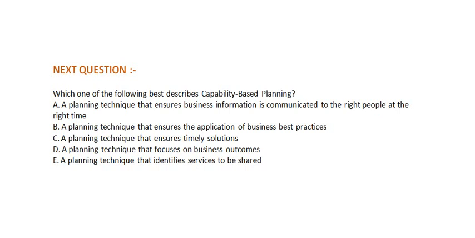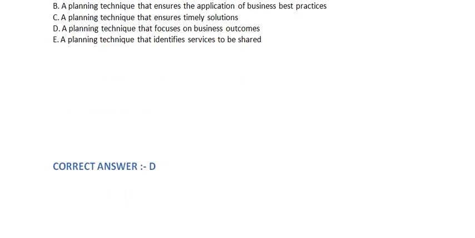Option C, a planning technique that ensures timely solutions. Option D, a planning technique that focuses on business outcomes. And option E, a planning technique that defines services to be shared. The correct answer is option D.